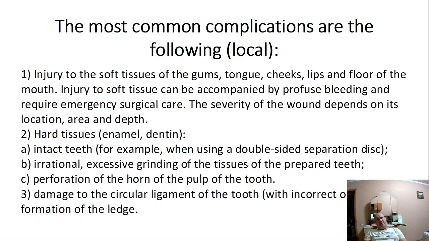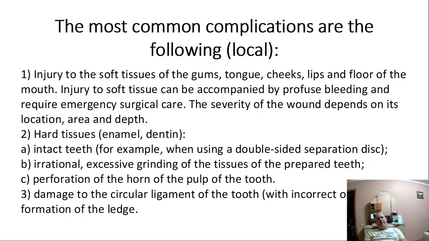It's very rare and requires emergency surgical care. The severity of the wound depends on its location, area, and depth. Second, hard tissues, enamel, dentin, in intact teeth, for example, when using a double-sided separation disc.